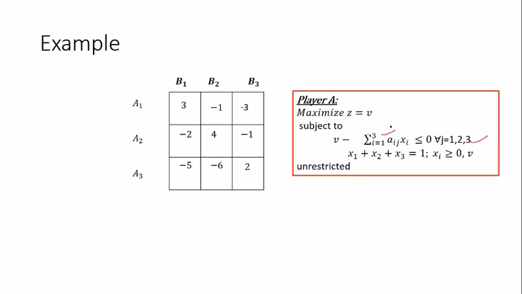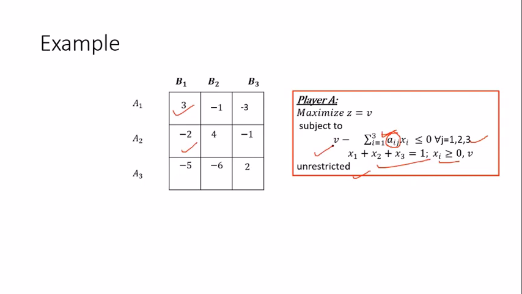j equals 1, 2, 3, i is running from 1 to 3, and x1 plus x2 plus x3 equals 1. All xi are non-negative, we understand. So this is the LPP, but this is in general form where we are using the notation Aij. Now you know the Aij are specifically given to you, so we just need to substitute the values of Aij here.